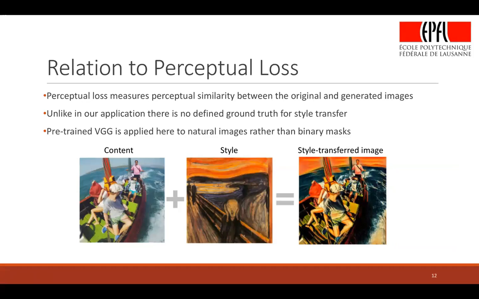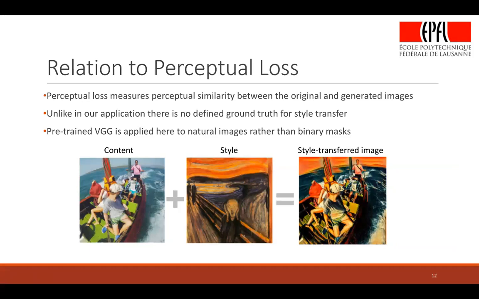So if you're familiar with style transfer, you can probably see some parallels to the perceptual loss, which is also defined using VGG features. And in that case, the perceptual loss measures the difference between the content of the original image and the generated image using those higher level VGG features.